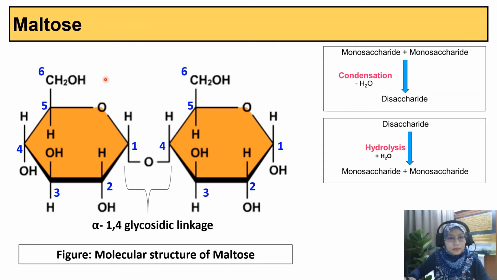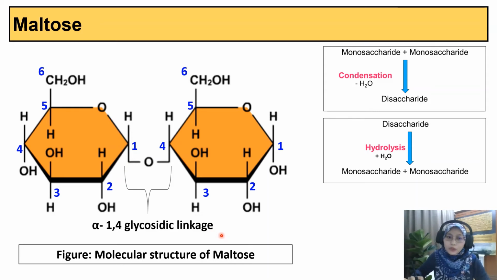Maltose can be found in grains and is known as malt sugar, and it is formed from the condensation process between 2 molecules of alpha glucose. So this is the structure of maltose, which links the 2 monomers by alpha 1,4 glycosidic linkage.